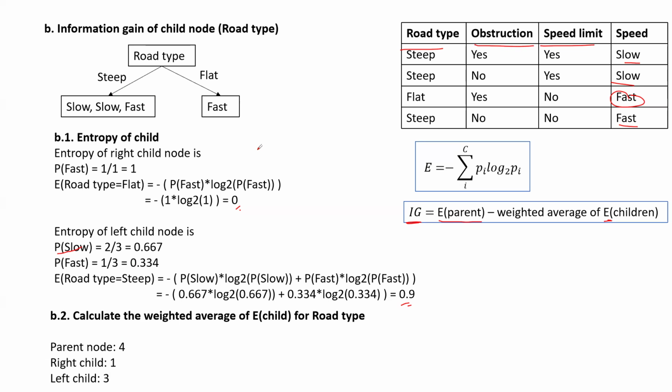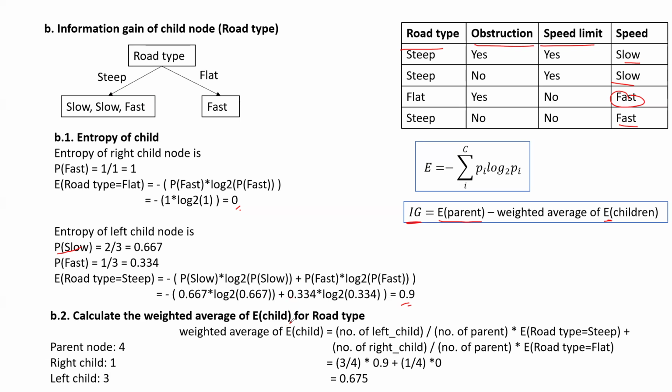To calculate the weighted average for the road type, it is the left child count by the parent count when the road type is steep, and the right child count by the parent count when the road type is flat. We are calculating the weighted average of both the left child and the right child for the road type.